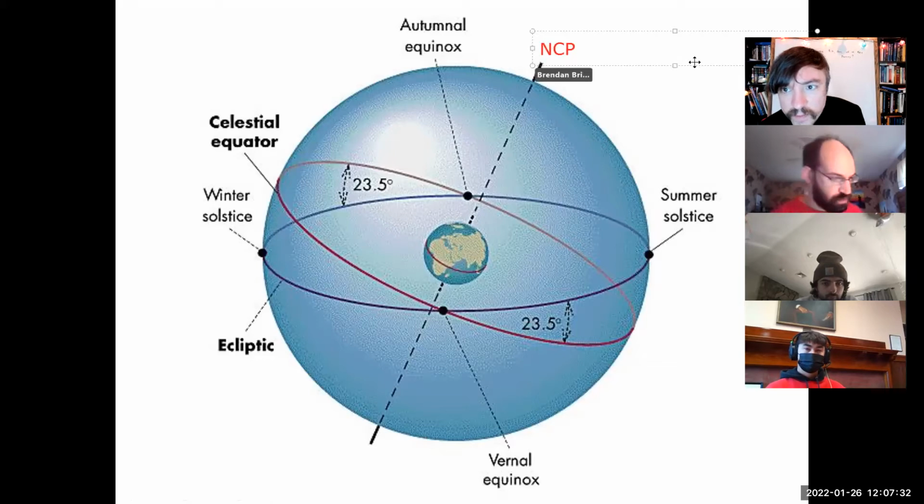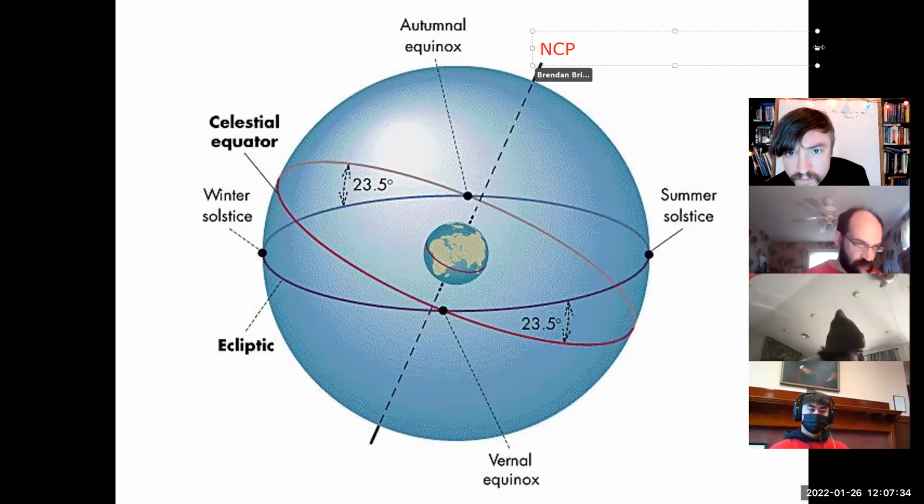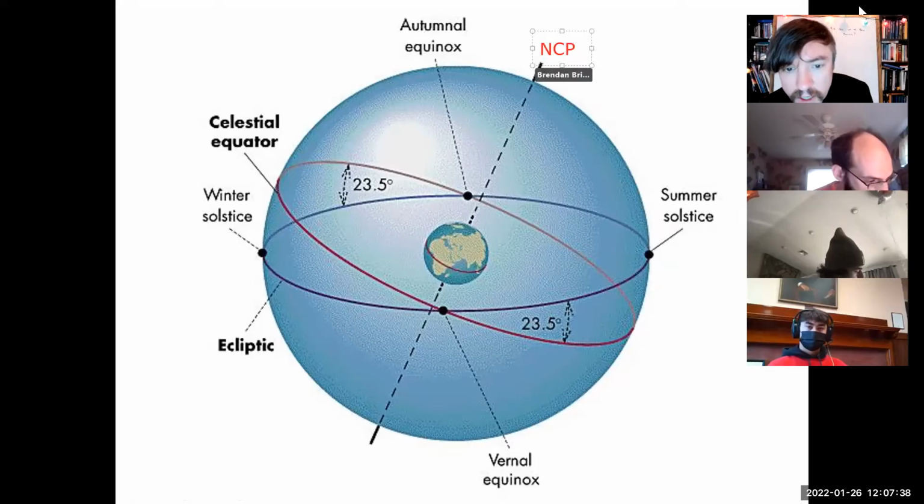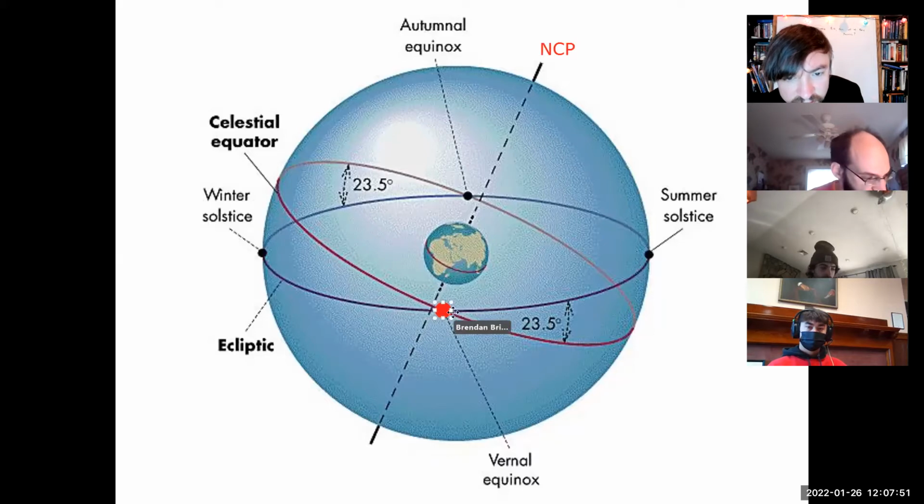Let's start with this point. We need a right ascension and we need a declination for this point. Someone want to regurgitate the definitions for us?